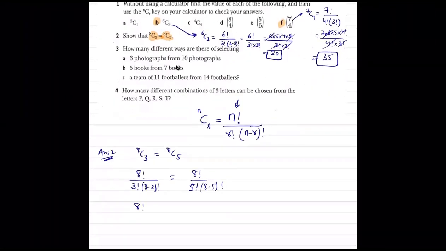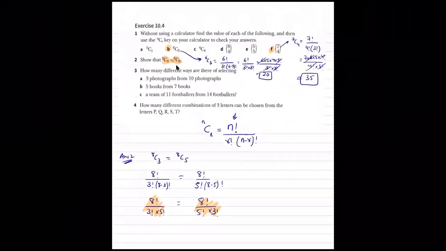So I'm going to end up with 8 factorial divided by 3 factorial into 5 factorial on the left hand side, and even on the right hand side I'm going to get the same result. So that's why the value of 8C5 and 8C3 is the same. So you can write down the answer and then equate it. 8C3 comes out to be 56. So you can write 56 equals 56 on both sides.